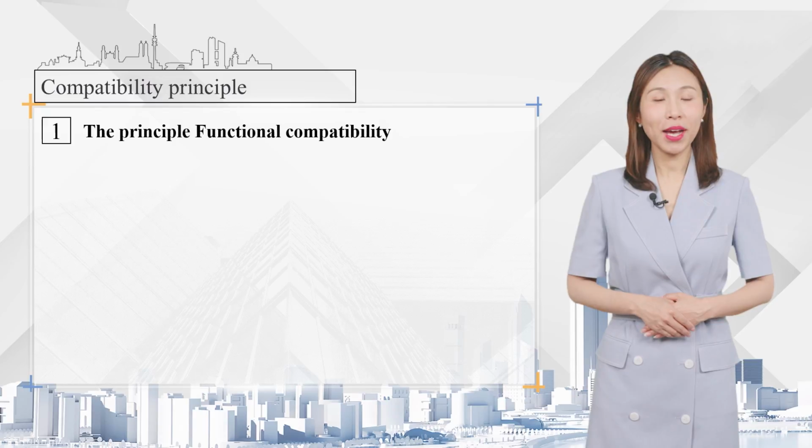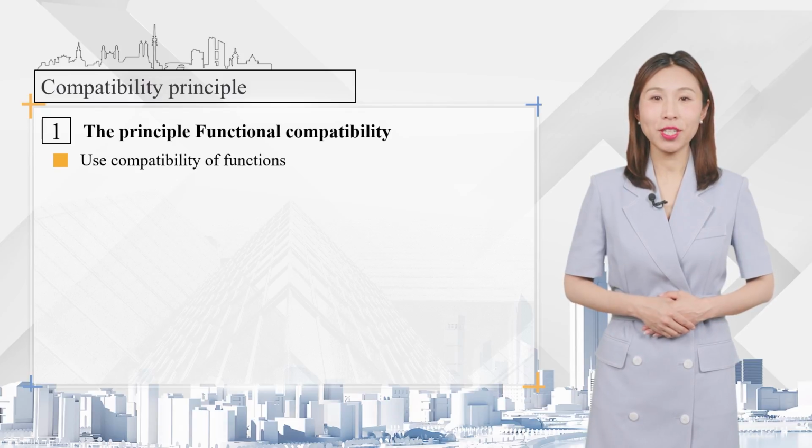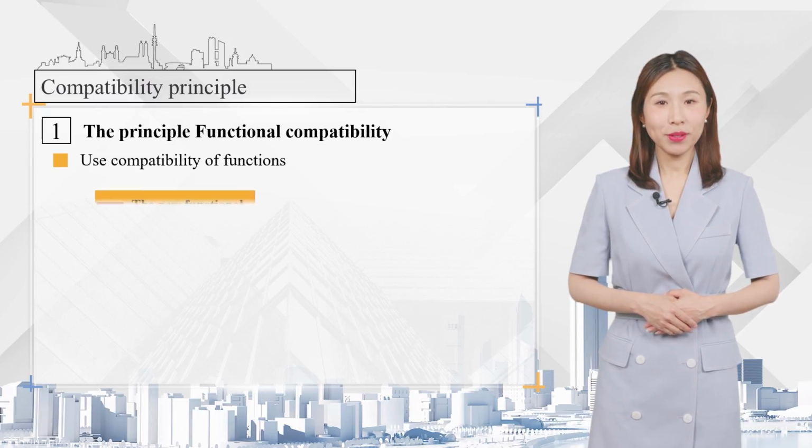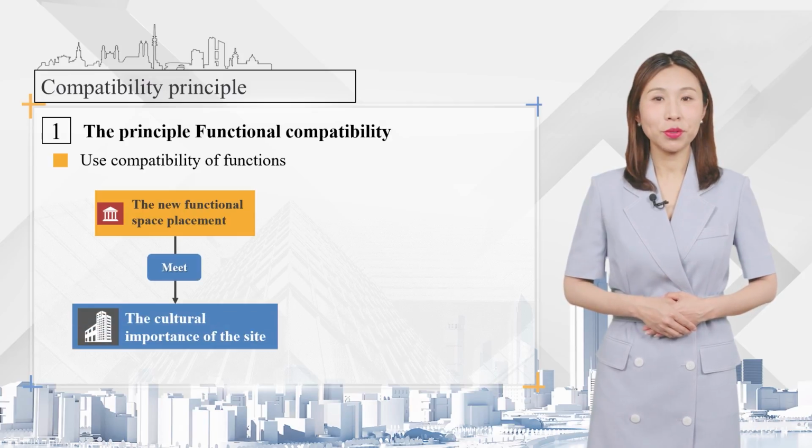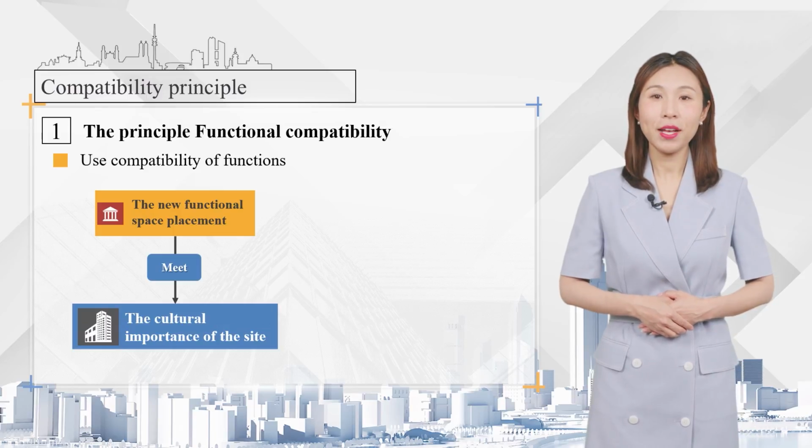First, let's look at the compatibility of functions. In the process of functional renewal, the matching degree between the space capacity of the historical building itself and the new function directly influences the functional relationship between the building and the city and the survival of the building itself.